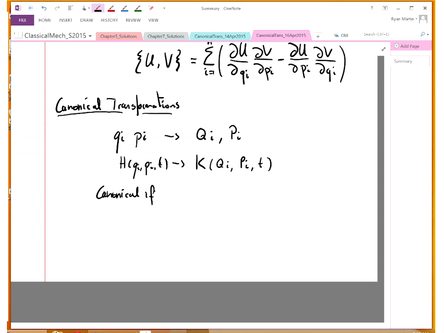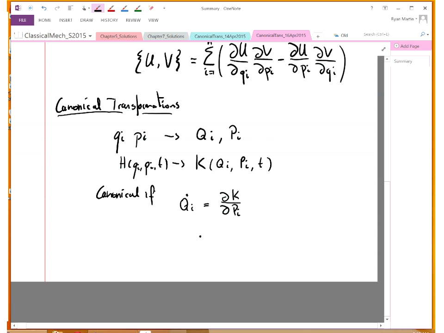So, canonical transformations from lowercase q's and p's to capital Q's and P's, you transform the Hamiltonian. That transformation is said to be canonical if in the new transformed coordinates, the new coordinates obey the canonical equations.